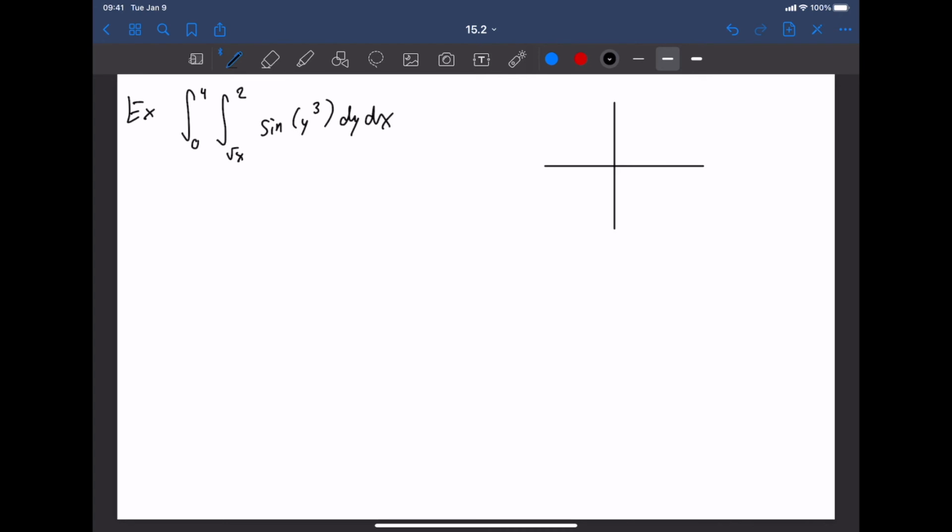3, 2, 1. So we're talking about y equals root x to y equals 2. I know what that looks like. Y equals 2 is somewhere up there. Y equals root x goes like that. And we're talking about going from the top to the bottom.